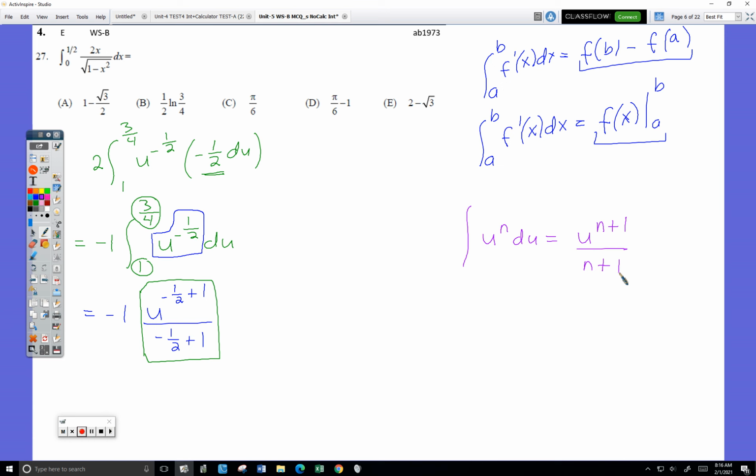So what I'm doing is I'm actually using two thoughts here. One thought is I'm remembering that any integral, if this is f prime here, the f prime of u, then per the fundamental theorem, this integral has to equal f of 3/4 subtract f of 1.